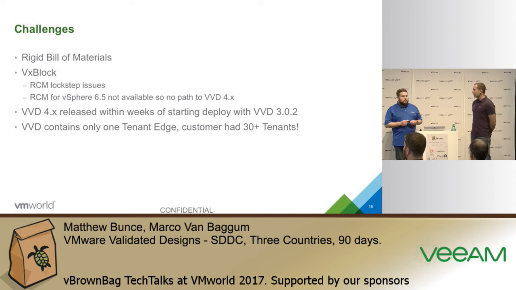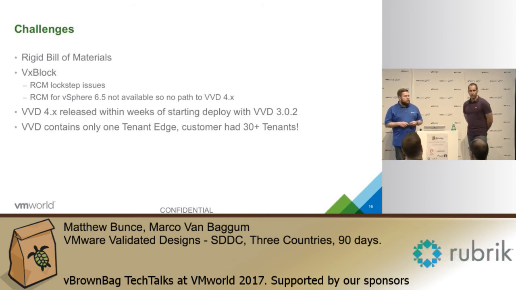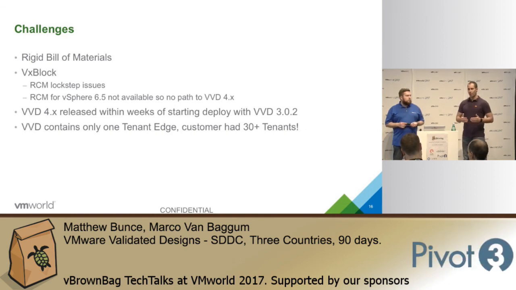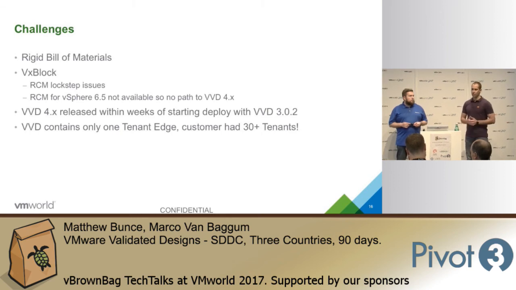So part of the challenge that we encountered was the rigid bill of materials. That means that we were limited to specific versions to stay within the upgrade path of the VMware Validated Designs. That means you can upgrade and you won't break any support, but if you want to upgrade according to the documentation, then you have an issue. So that's one of the challenges we had.